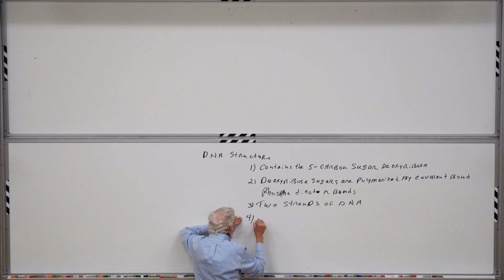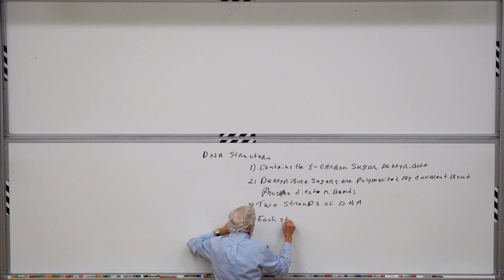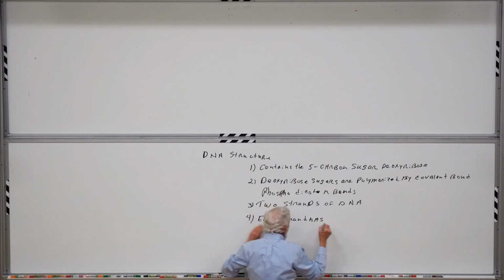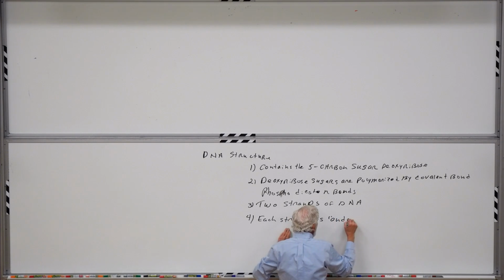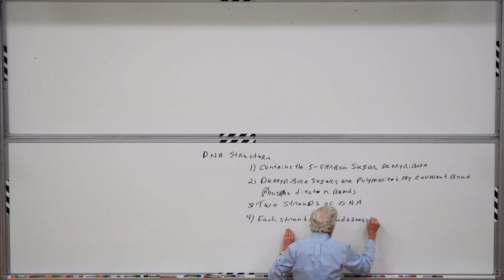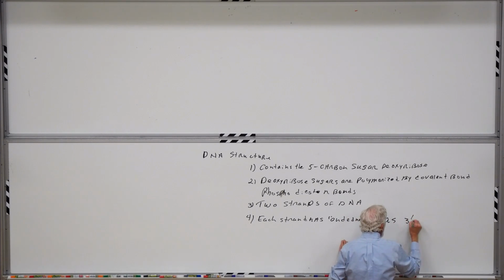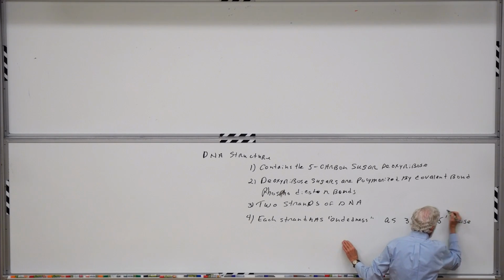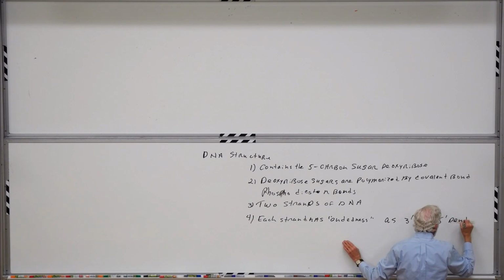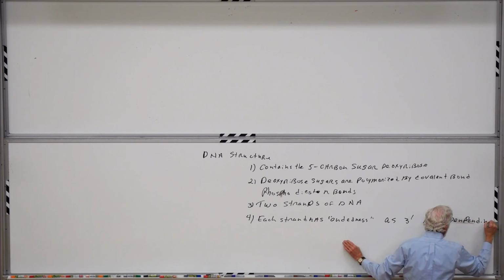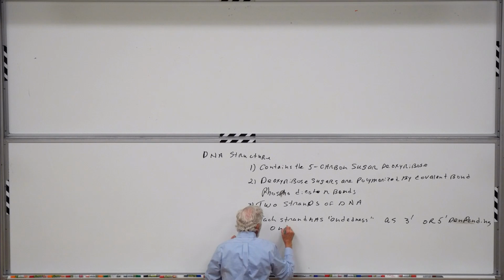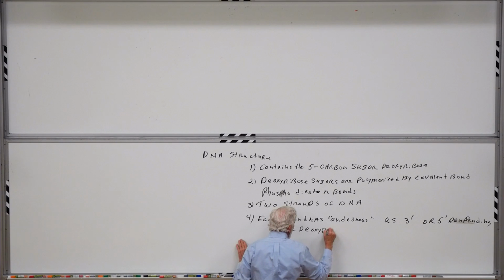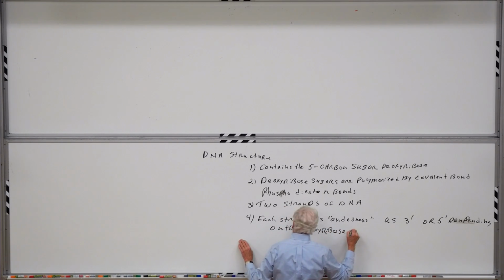The fourth point is that each strand has or shows a, quote, endedness, as 3' or 5' based, depending on the deoxyribose orientation.